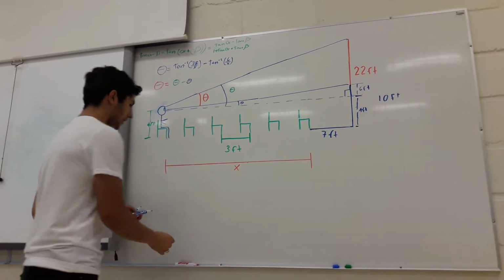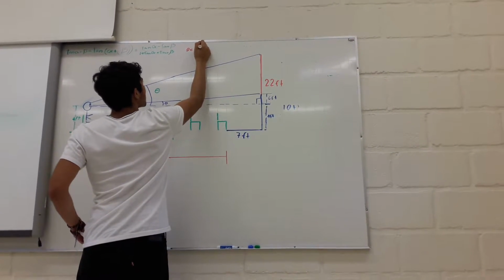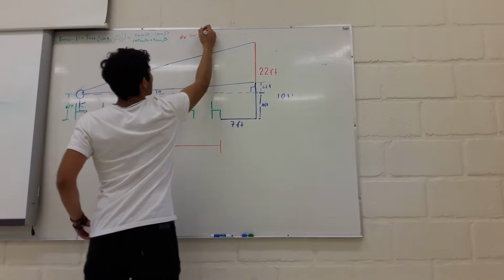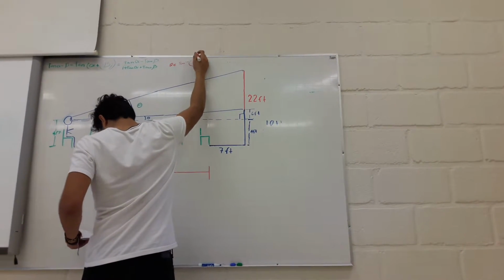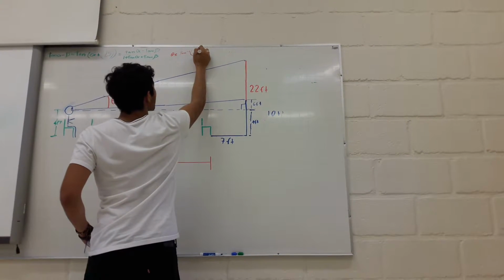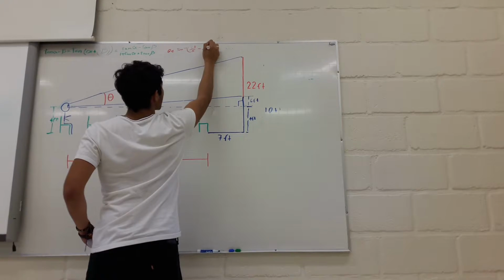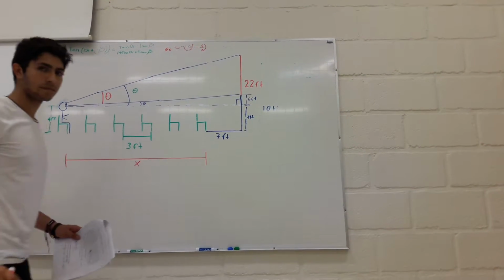now we're going to make that in an equation. Tangent of 28 over x minus 6 over x. Okay?